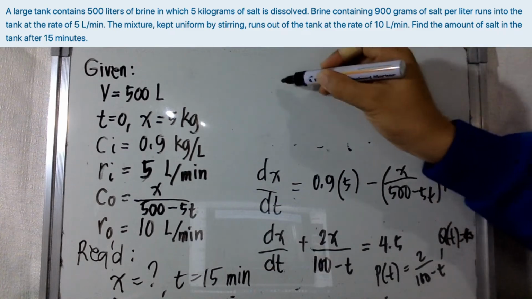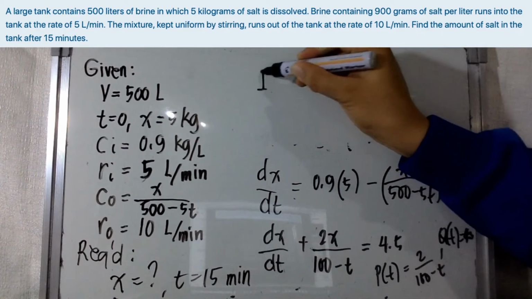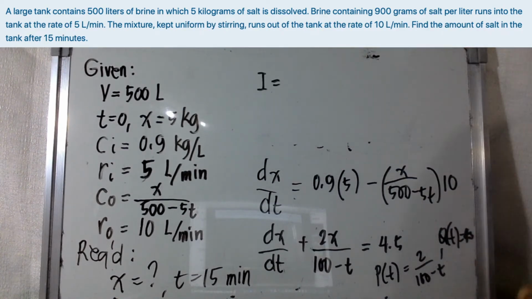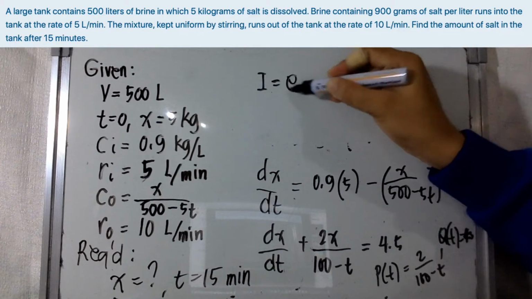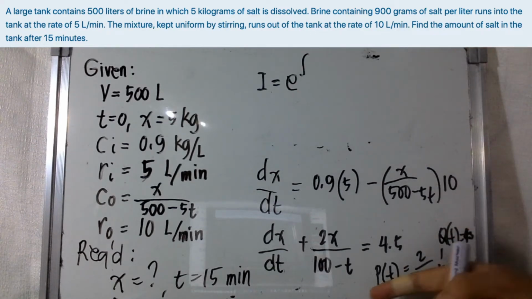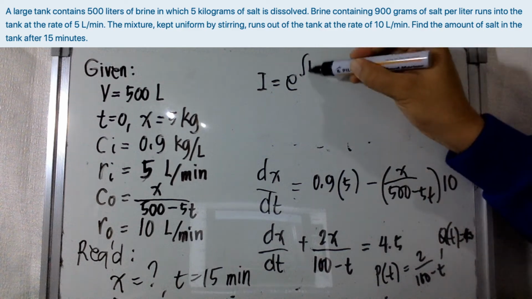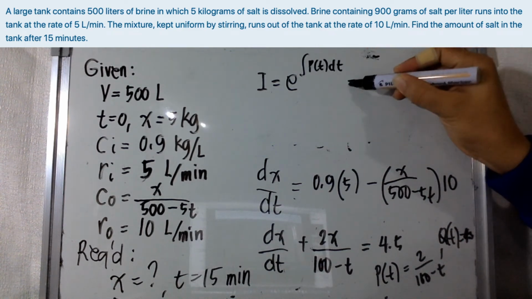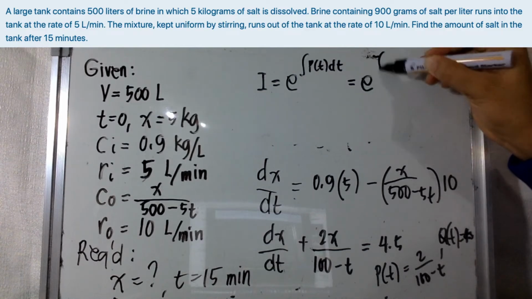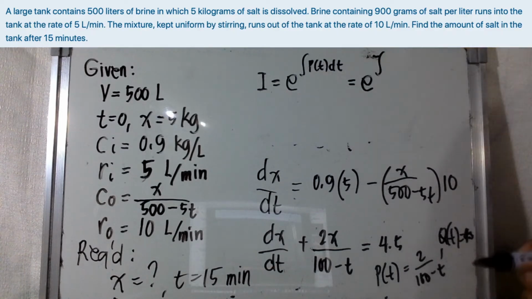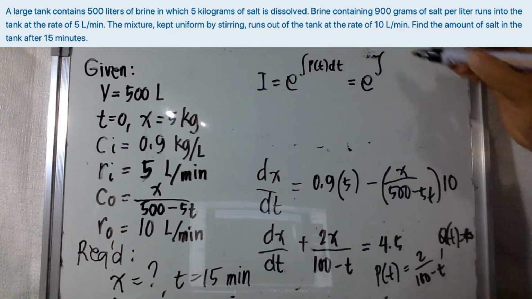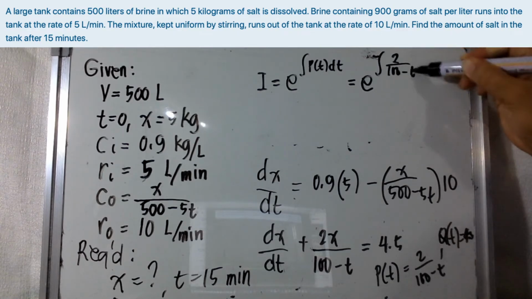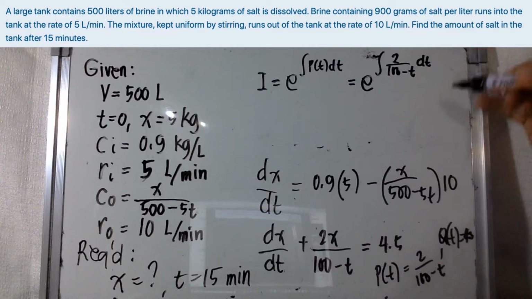Now, in solving linear equations, we need to determine the integrating factor. So that's e raised to the integral. In this case, our independent variable is t. So this is p of t dt. So this is equal to e raised to the integral of, our p as a function of t is 2 over 100 minus t times dt.